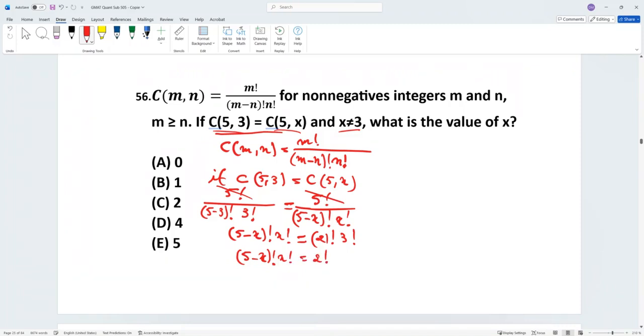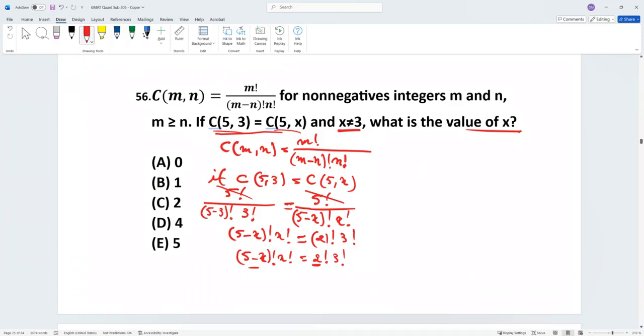Two factorial, 3 factorial. So normally 5 minus x can be equal to 2 or 3, and x in normal circumstances can be equal to 2 or 3 here. But we know from the prompt that x cannot be equal to 3. x must be different. Since we only have 2 and 3 here, and x cannot be 3, x must definitely be 2. That's the value of x we're looking for.